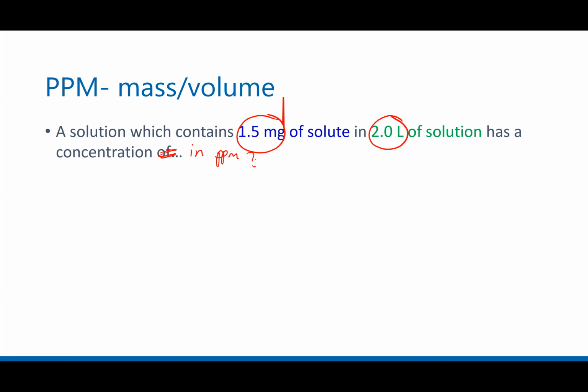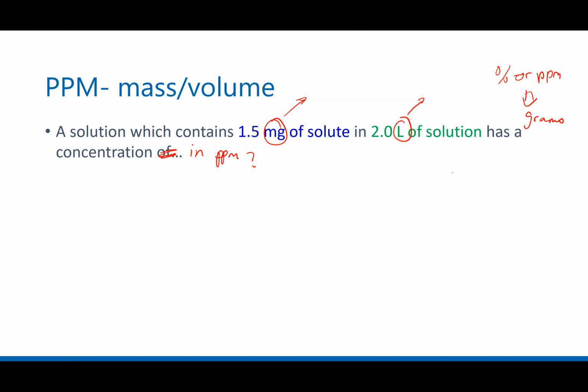The problem with this question is that we're given 2 different units here. We're given liters and milligrams. And really what we want to do for percent or ppm is change it to grams. Now, you actually don't have to do this, but it just makes your life easier for using or remembering all of these formulas.